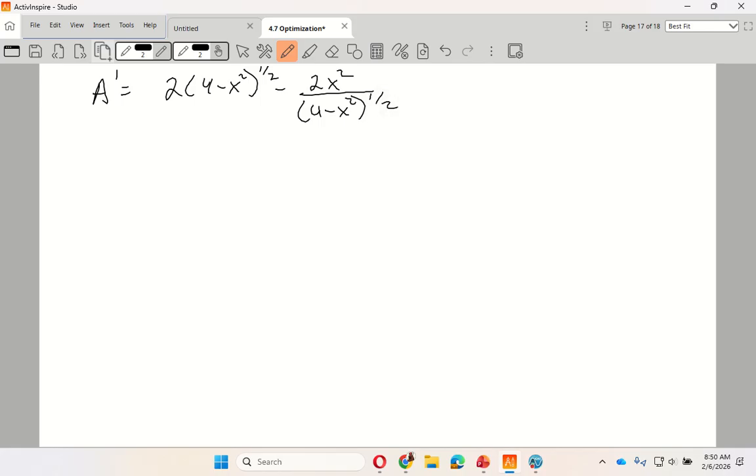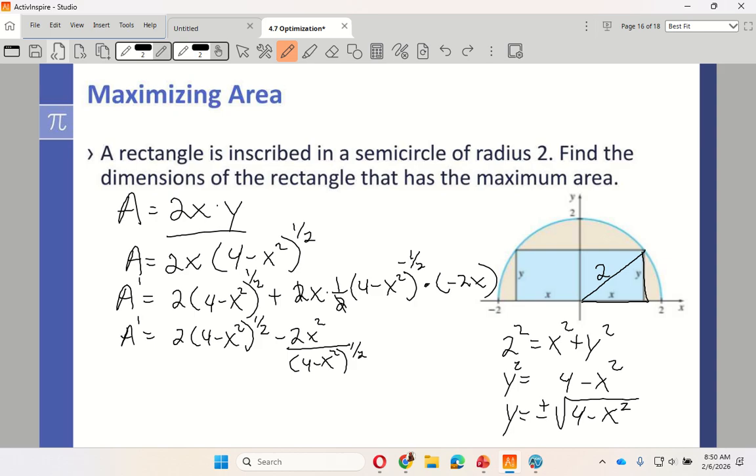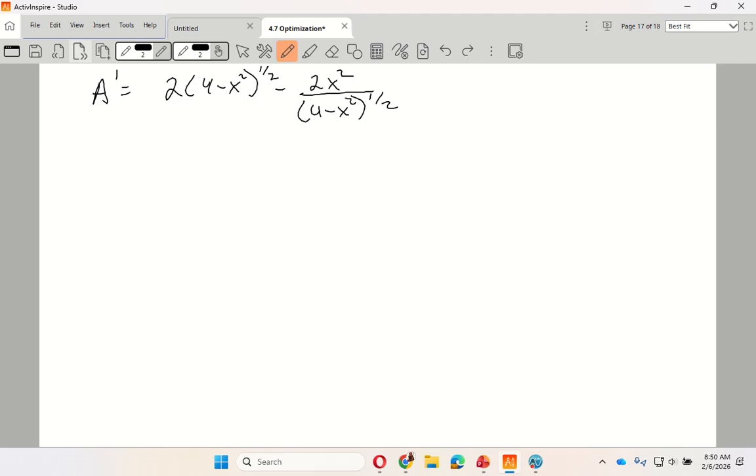Hopefully I copied that down correctly. I'll just wait for everyone to get to this point.